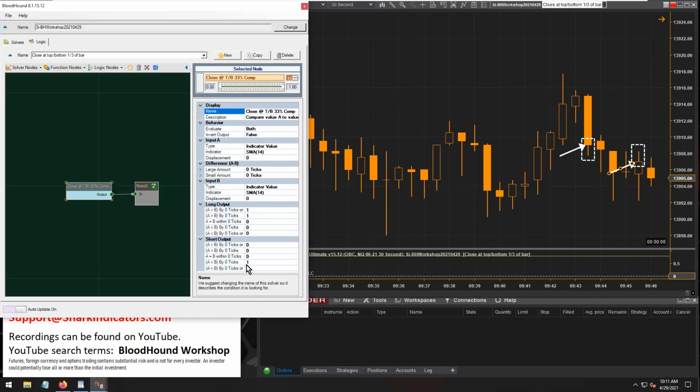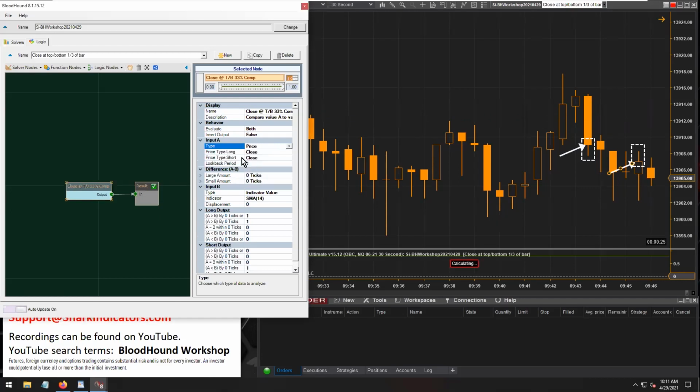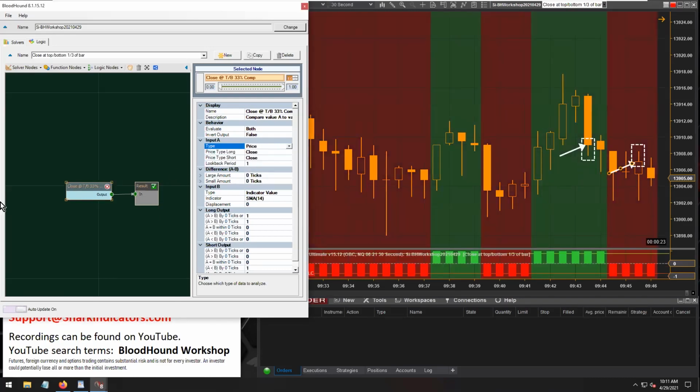So for input A, we want that to be the closing price of the bar. So we're going to change the type to, I'm sorry, change the type to price. And we can see the closing price is already set for us as the default.